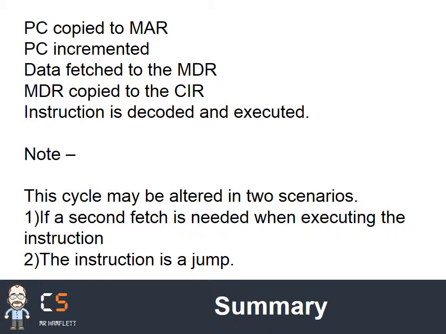Two caveats to this, which we're going to be looking at in a moment. The cycle can be altered if a second fetch is needed when executing an instruction, i.e. if the instruction's operand is an address, because that means I need to do another fetch. Or it's a jump command, and we'll talk about jumps in a moment.